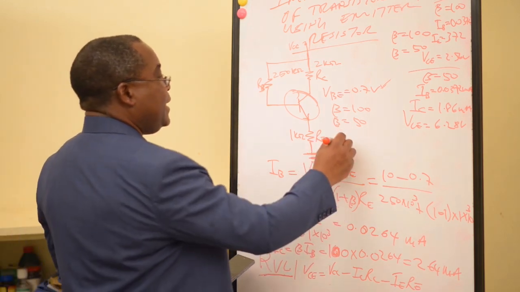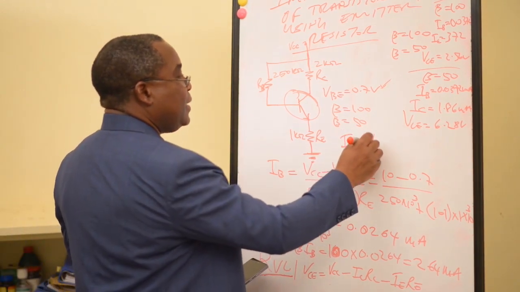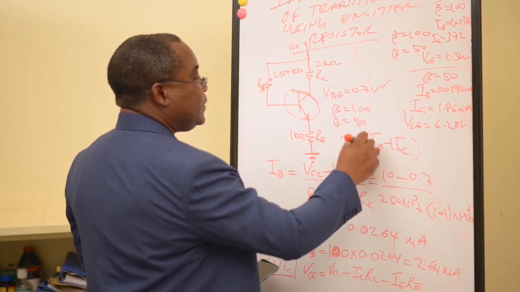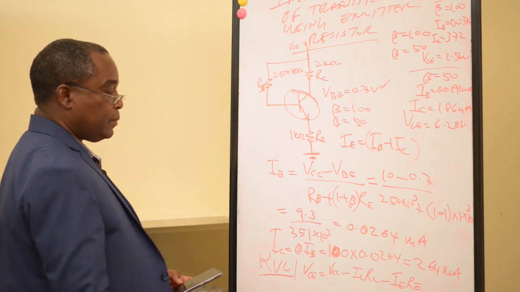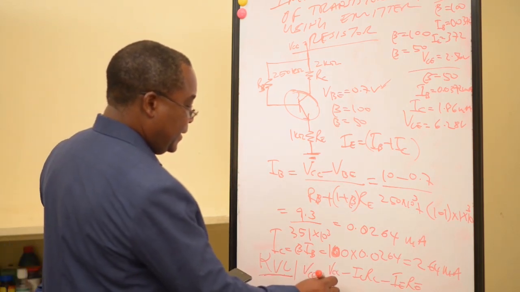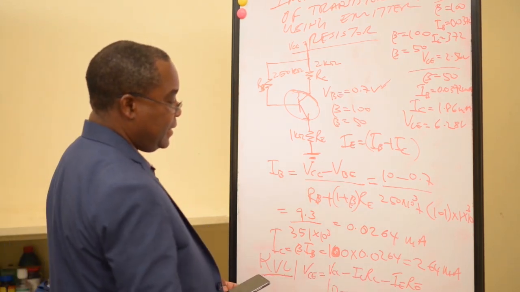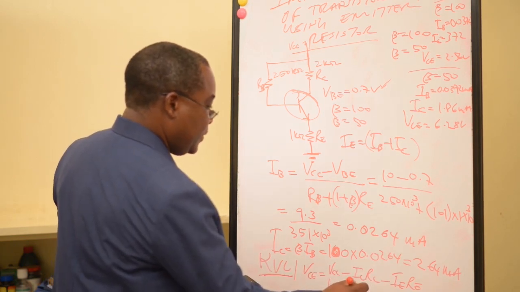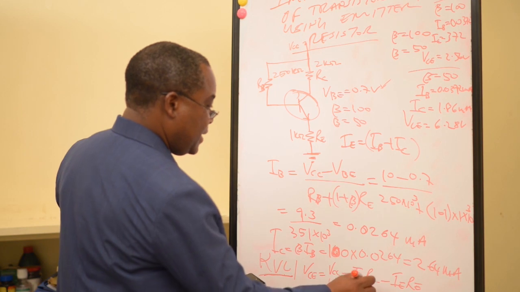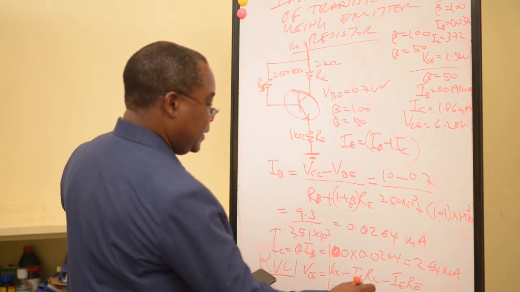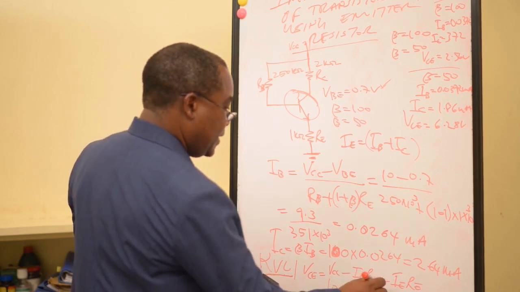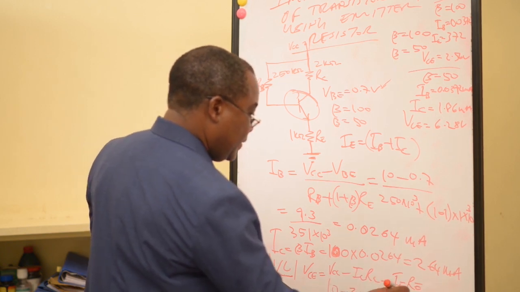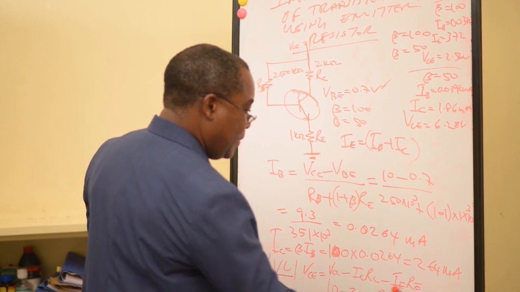We know that IE is equal to IB plus IC. So, VCC is 10 minus IC RC. We have IC 2.64 times RC. This is the milli, 10 power minus 3. RC is 2 times 10 power 3, kilo ohms, minus.